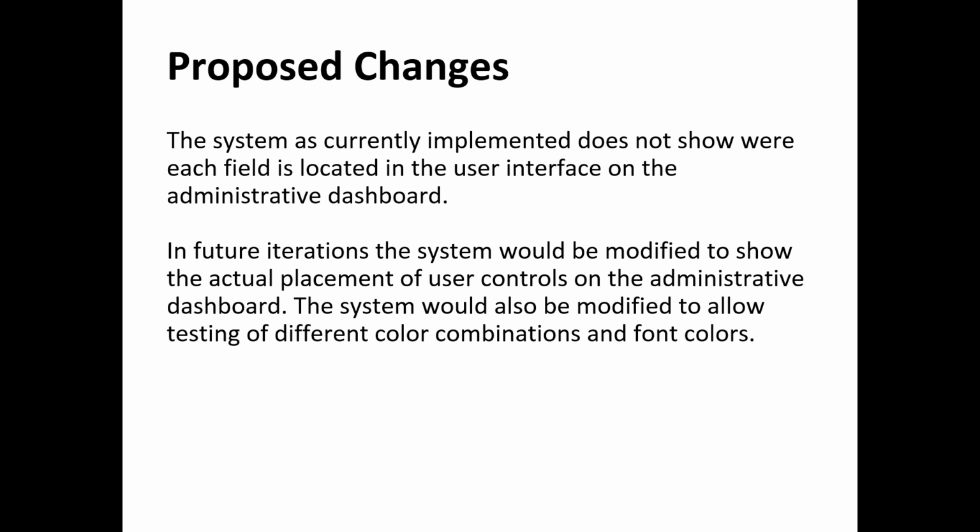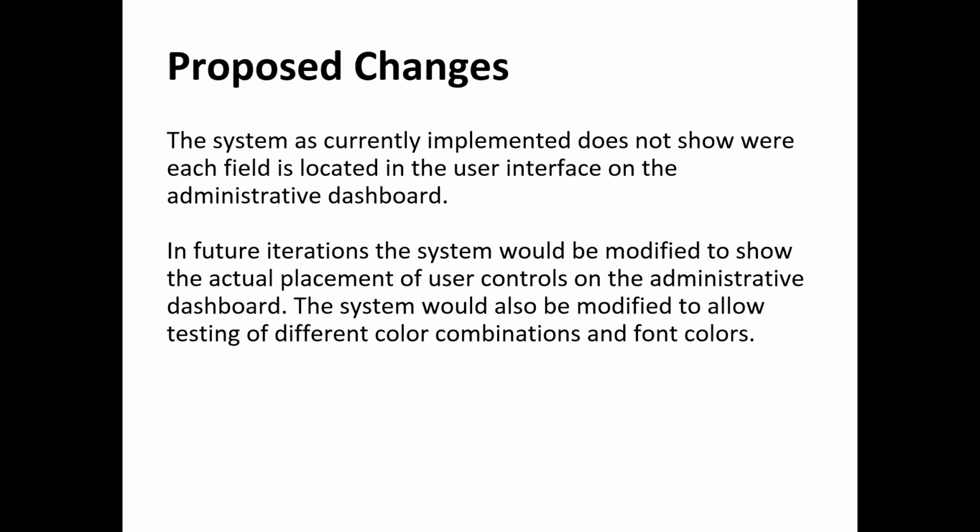Proposed changes. The system as currently implemented does not show where each field is located in the user interface on the administrative dashboard. In future iterations, the system will be modified to show the actual placement of user controls on the administrative dashboard. The system would also be modified to allow testing of different color combinations and font colors. As you may have noticed, the system uses a lot of black and white, and there's not a lot of styling.